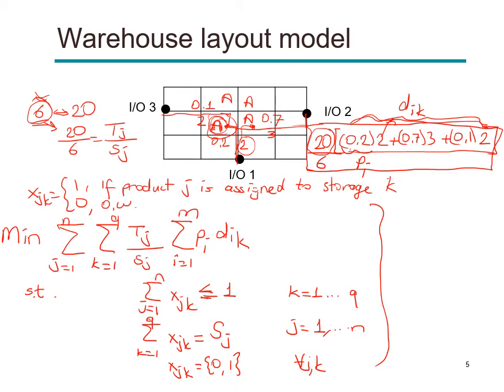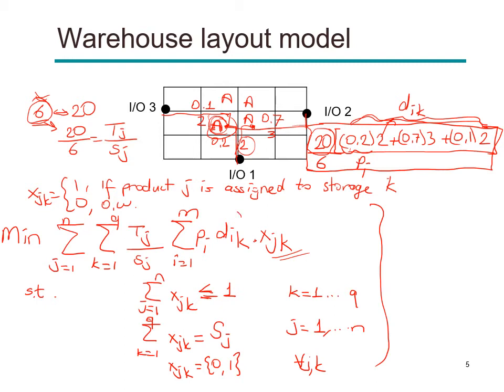Of course, in your objective function here, you have this cost if this product J is assigned to storage location K. So don't forget to multiply this, otherwise the objective function does not include any decision variables, it's just parameters.